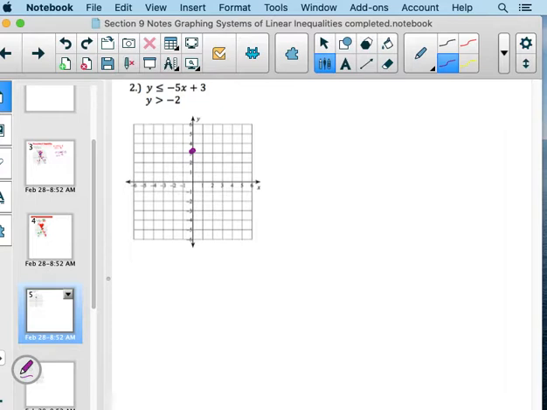And my slope is negative 5 over 1. If you go down, go to the right so that you get a negative slope. Make sure you do not go down into the left. Okay? Draw in a solid line because I am equal to.